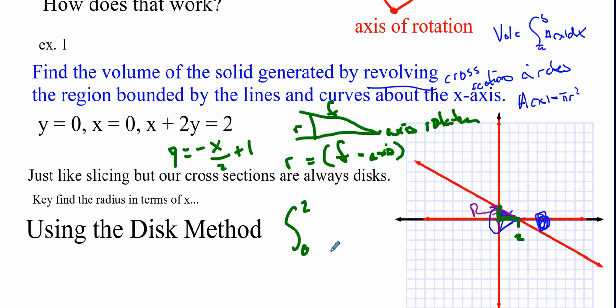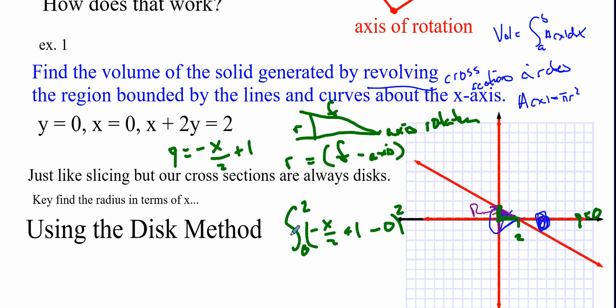What's our radius? The upper function is negative x divided by 2 plus 1, minus our x rotation. Our x rotation is y equaling 0, so it's minus 0. We're going to take that radius, because that's our radius length, and square it.